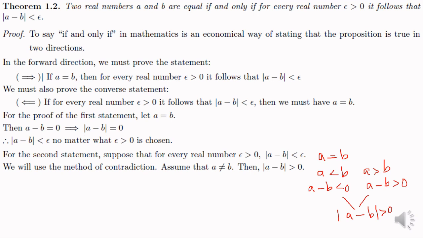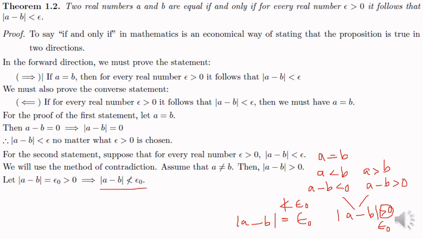Now, as modulus of A minus B is greater than 0, we choose this value as epsilon naught. That means modulus of A minus B, we take it as epsilon naught. Now, modulus of A minus B equal to epsilon naught means that modulus of A minus B is not less than epsilon naught. So this gives us a contradiction to the fact that modulus of A minus B is less than epsilon for every epsilon greater than 0.